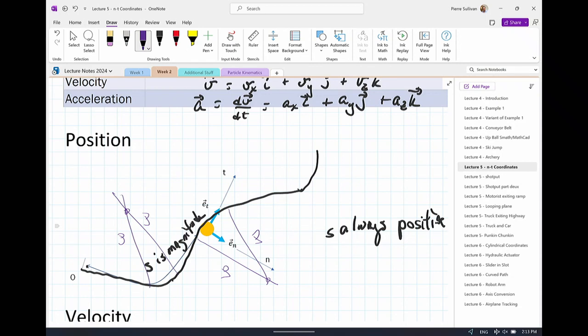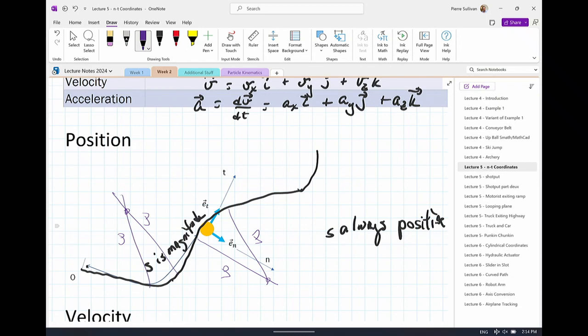But E sub n points in towards the center of curvature. And the idea is that on this curved path, as I'm traveling along, I can define circles. And every small bit of that curve can be defined by a different circle of a different radius. And each of those radii are going to be a function rho. I'll talk about that more later, but rho will be the important quantity that I look at.